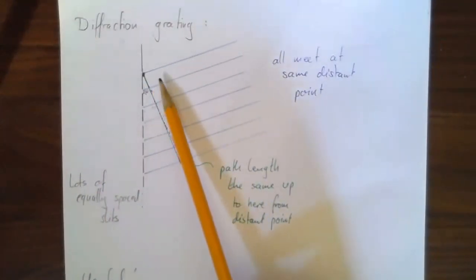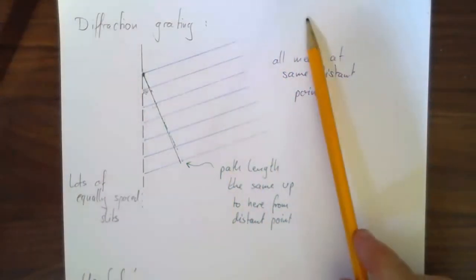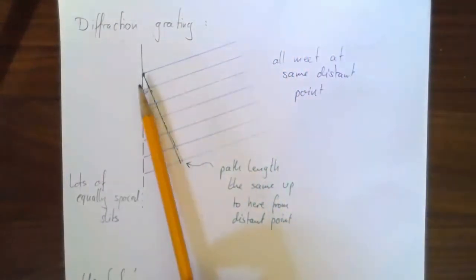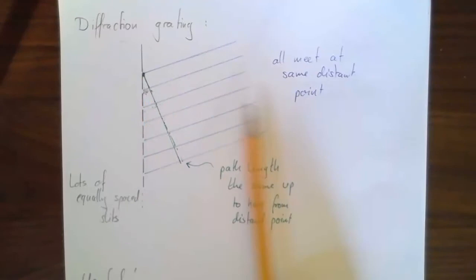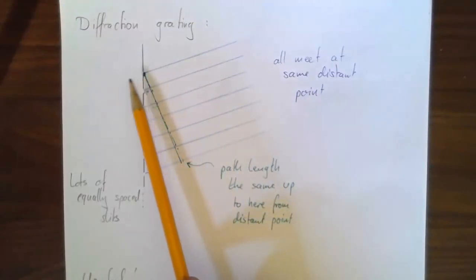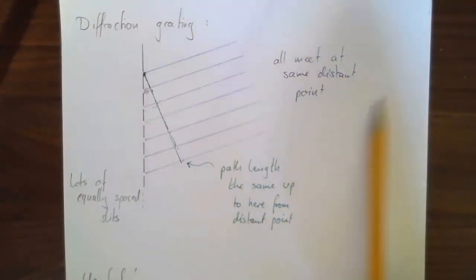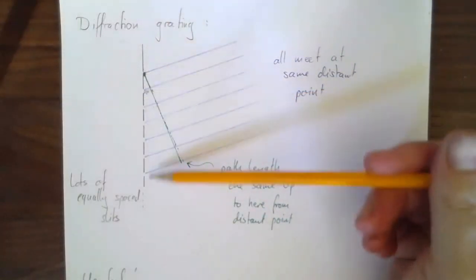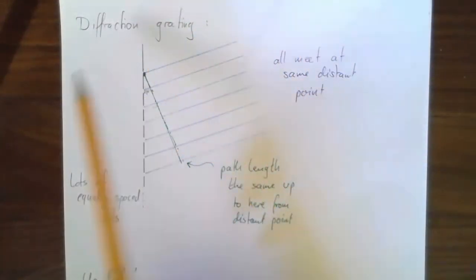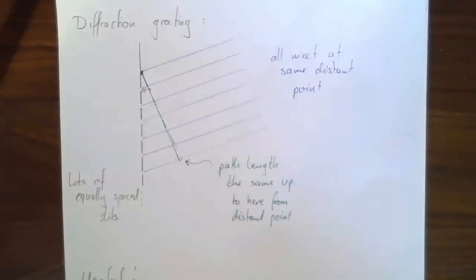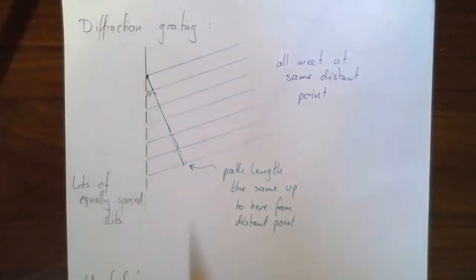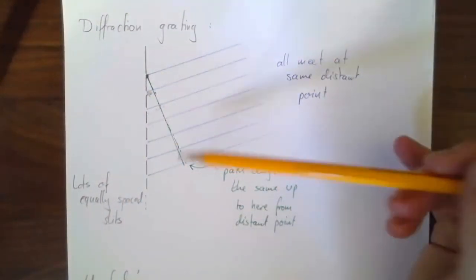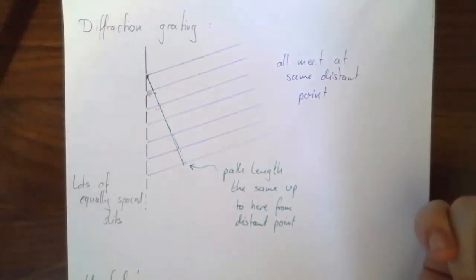The red might go up here, the green might go there, the purple might go here, and the ultraviolet somewhere else. So you can use this to split up mixed light into the individual colors, for example. But physically, geometrically, it's just a glorified double slit setup.